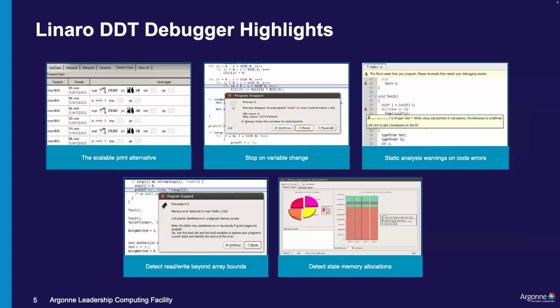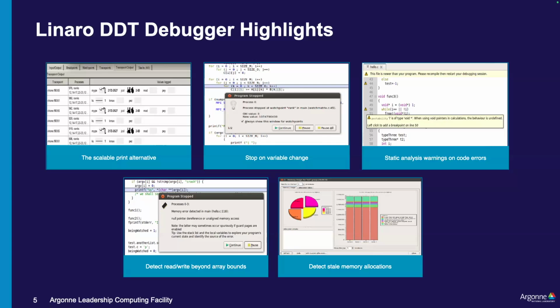So, looking at a high-level overview of some of the features, and notice this isn't all of the features, just some of the highlights. One of the features is trace points, which is like a scalable print statement. Instead of writing a print statement in your code and having to recompile it, in DDT you can just add a trace point.